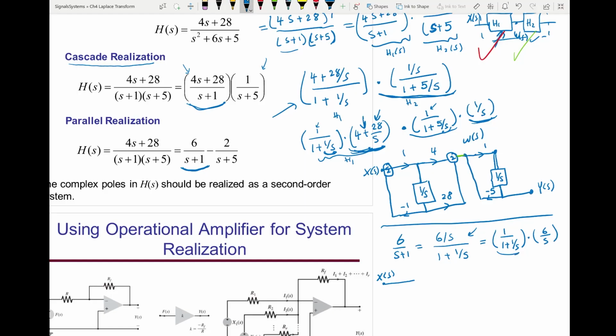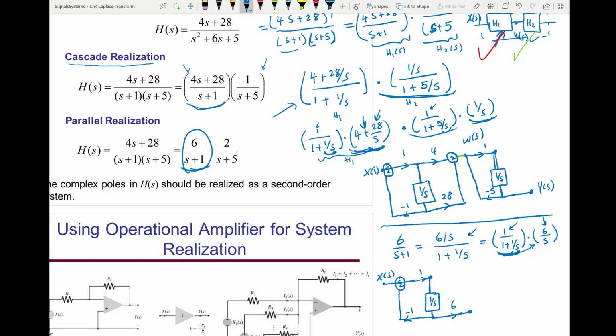So these, the input g of s is here, 1, and the feedback h of s is just an integrator with amplification 1, which is negative 1. Then this one will go to an integrator, so here is w of s, go again to an integrator, then amplification by 6. So I built this system.